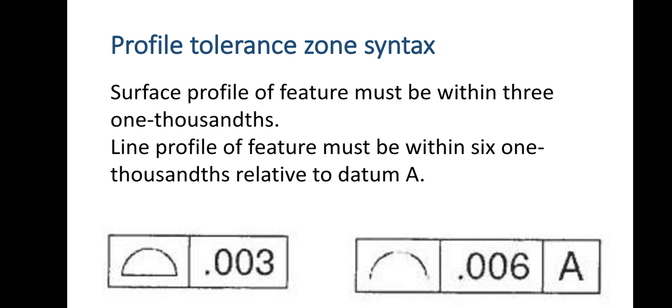Profile tolerance zone syntax. If you see any of these symbols in any drawing, it means that the surface profile of a feature must be within 3/1000s, and the line profile of a feature must be within 6/1000s relative to datum A. You see this symbol and relate it to the tolerance zone figure, and then think about how this information is used in stack-up problems.